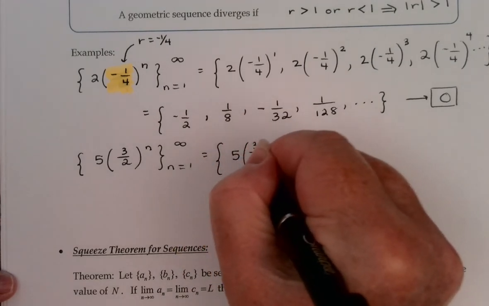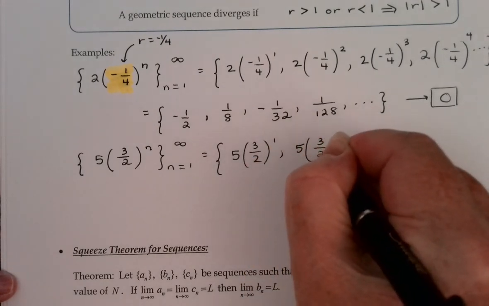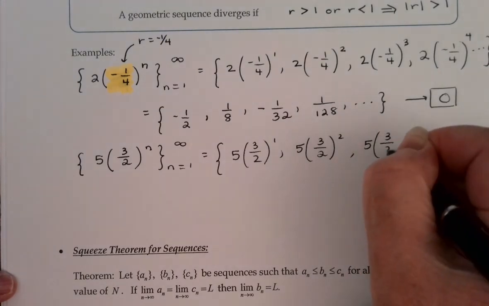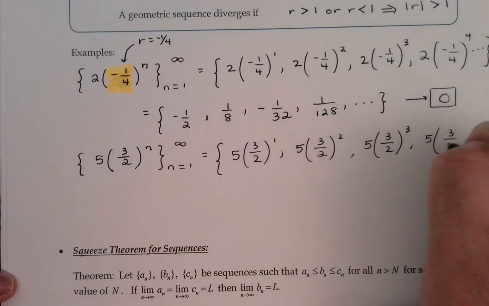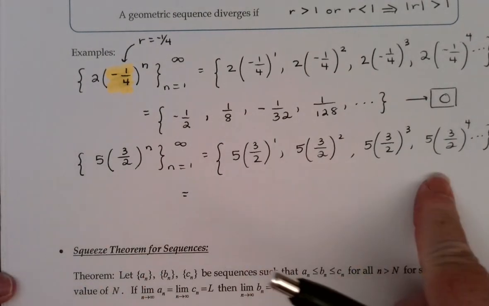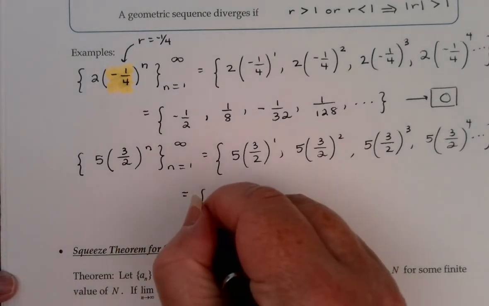N equals 1, 2, so on. And I just went ahead and used a calculator to get some decimal approximations to these, or actually I think they're exact decimals. Just going to write them out for you.